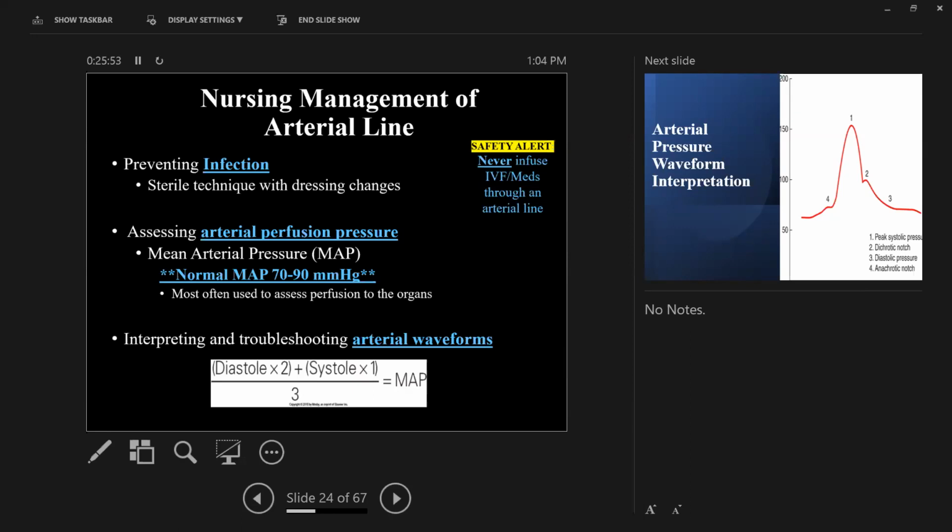If you look at this formula, diastole times 2, so 80 times 2, plus that 120, so we have 160 plus 120, divided by 3. Hang on, I'm trying to find my calculator.